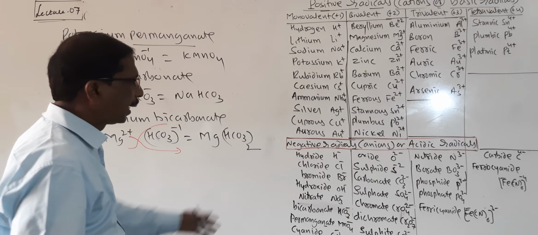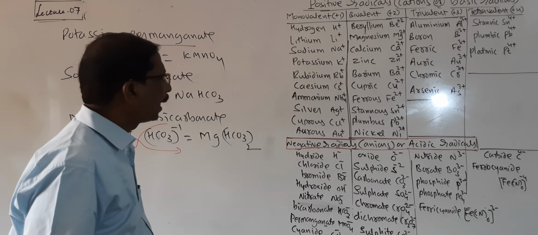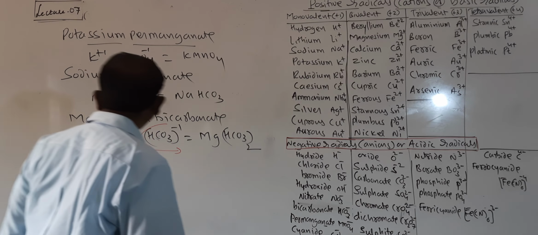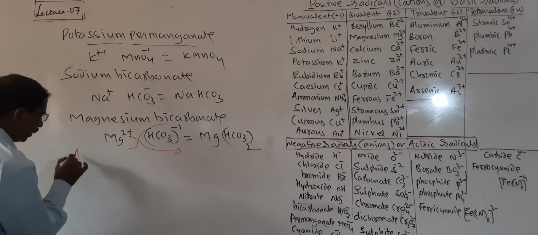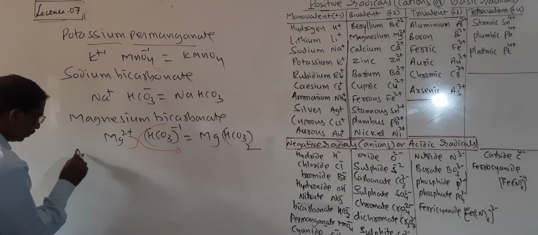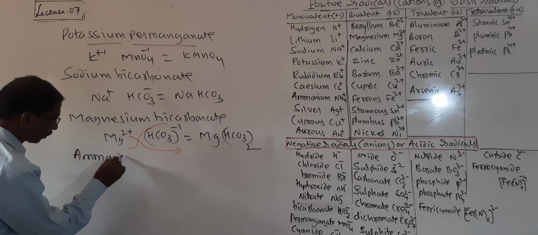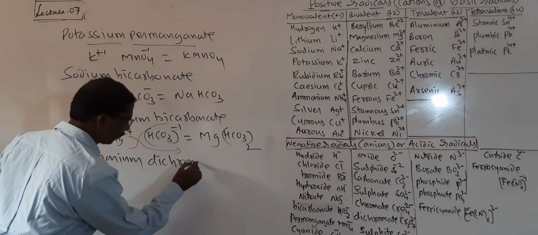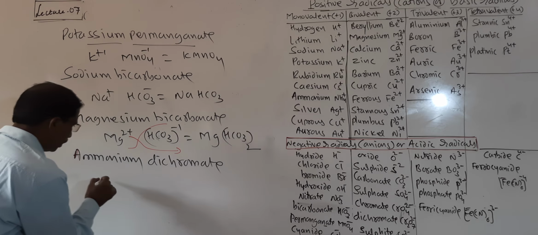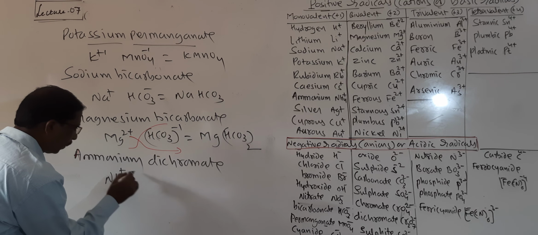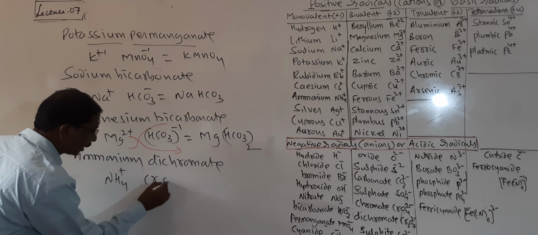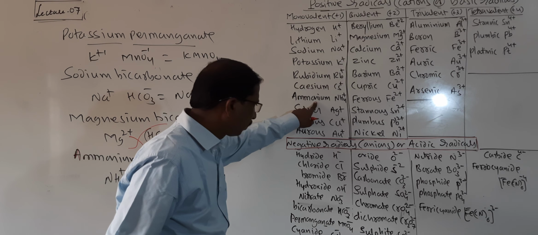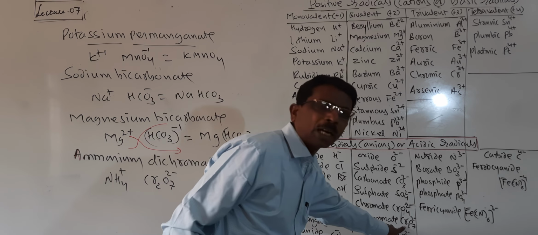Then you may write ammonium chloride, ammonium nitride, ammonium sulfate, ammonium dichromate. I will write another example. Ammonium dichromate: NH4 plus and Cr2O7 2 minus. Look here, ammonium is here and dichromate is here.